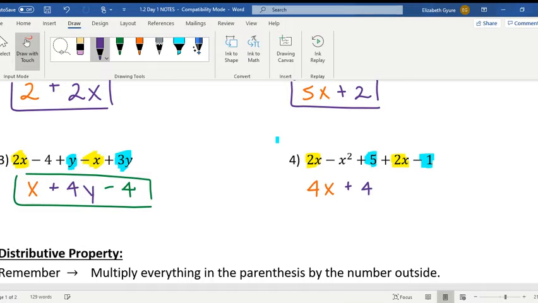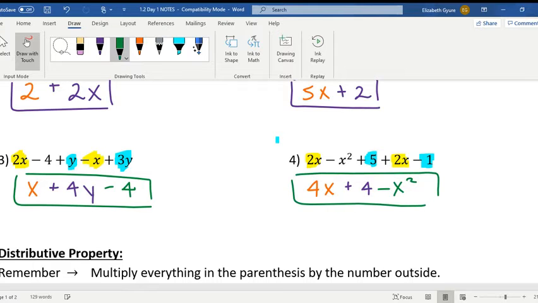And then can we do anything with that -x squared, guys? Did you see anybody else that has a squared on it? No, so just bring it down with you. I'm just going to bring down the -x squared. Now, if you wrote that in a little bit different order, as long as everybody has the same sign in front of it, that's fine. Okay, good. I just tend to bring down what we haven't dealt with last.